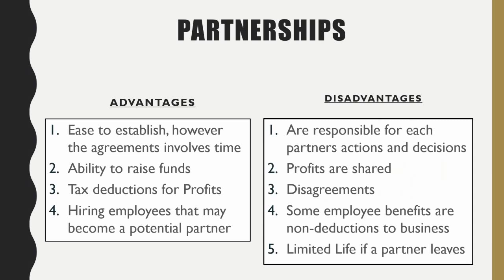So if a partner makes a bad decision, you're just going to have to go through the motions and suffer along with that partner, because you share responsibility for each other's decisions, even if it's a good decision, even if it's a bad decision. You are in a partnership, you have agreement terms. So you have to just go through whatever that person's decision is, whether it is good or bad.